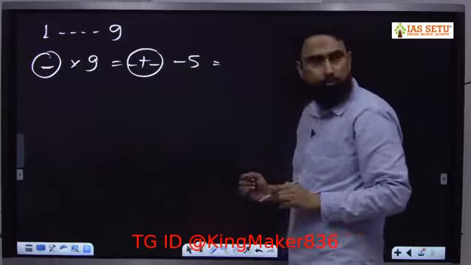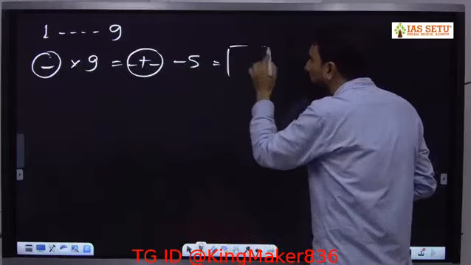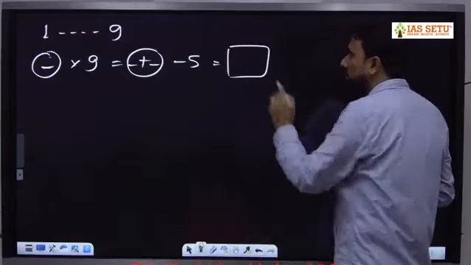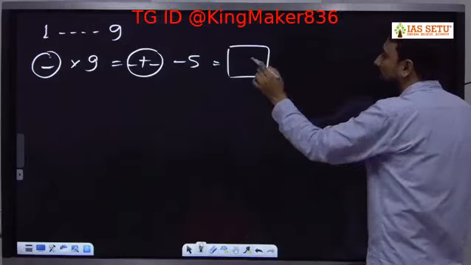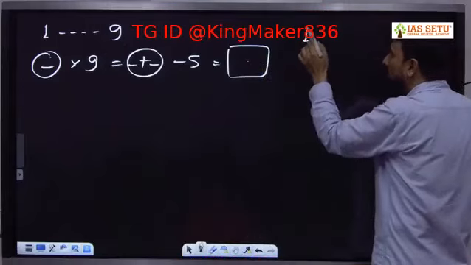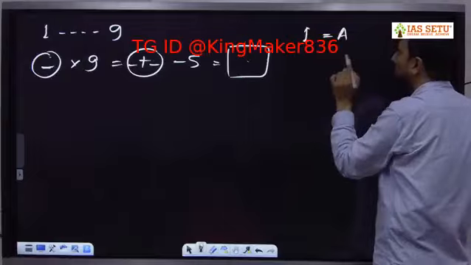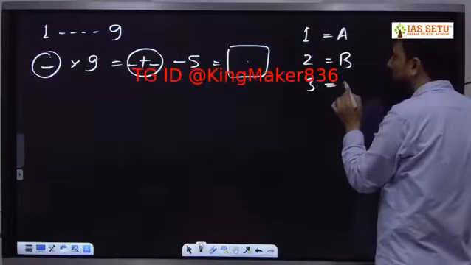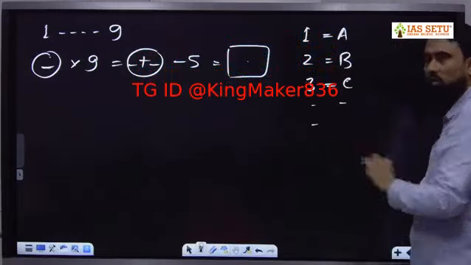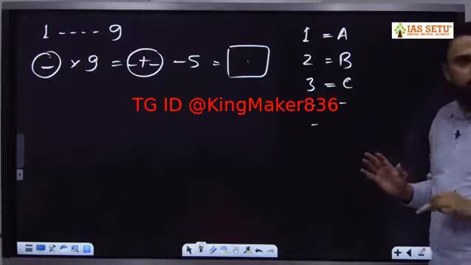Done? Whatever the final number you have come across here, the actual game starts now. In case you have got 1, you have to choose A. If it is 2, B, 3, C, this way you have to choose the letter. You have chosen a letter?